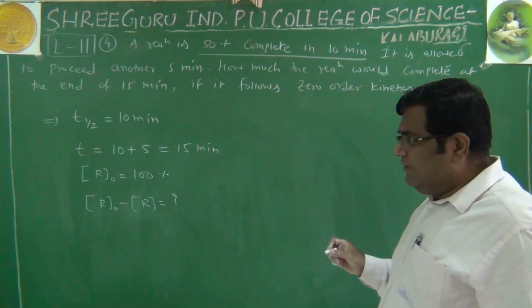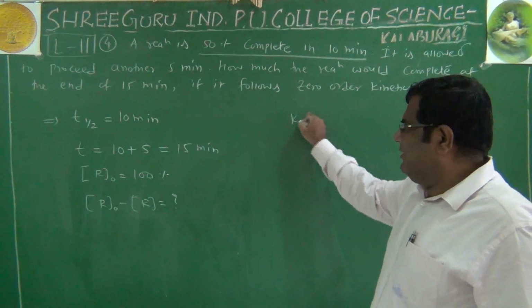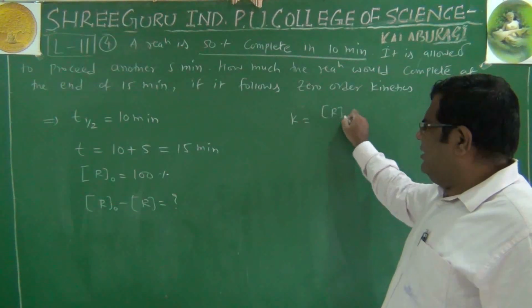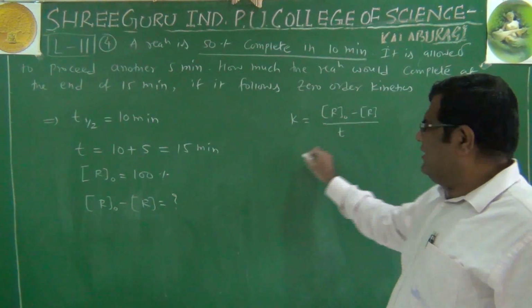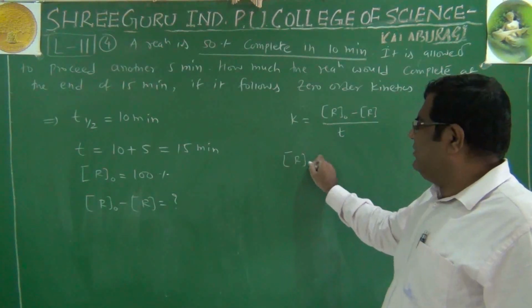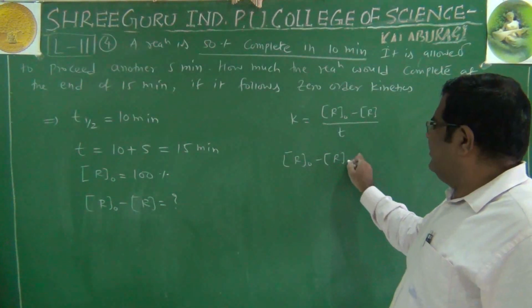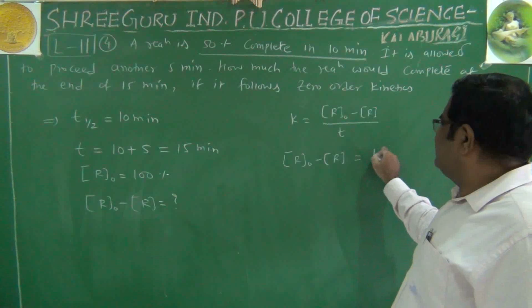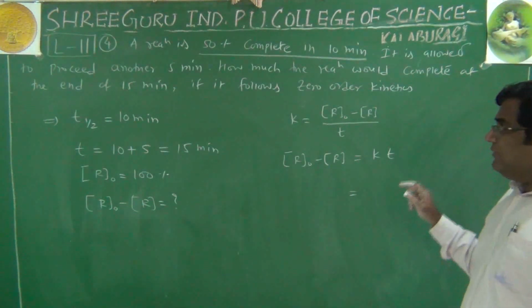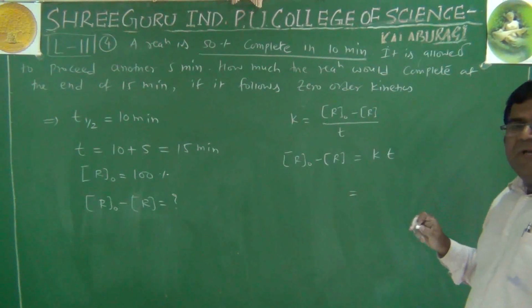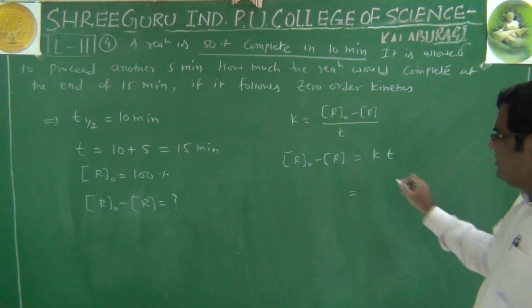Whether K is given or not, I will write the formula here. K is equal to R0 minus R by T, and they are asking how much reaction would have been completed. So R0 minus R is equal to KT. K is not given, but we can easily make out that it is a zero order reaction.